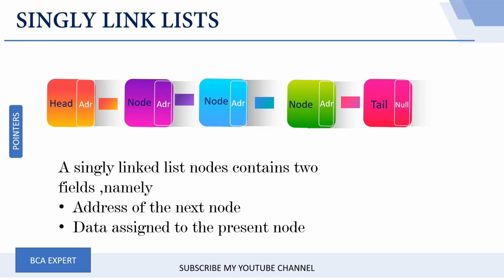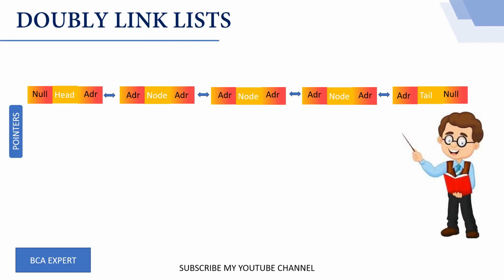Similarly, we have the doubly linked list. The only difference between the singly linked list and doubly linked list is that in a singly linked list you can only travel in one direction, from the head to the tail. But in a doubly linked list you can traverse both ways, from head to tail and tail to head.